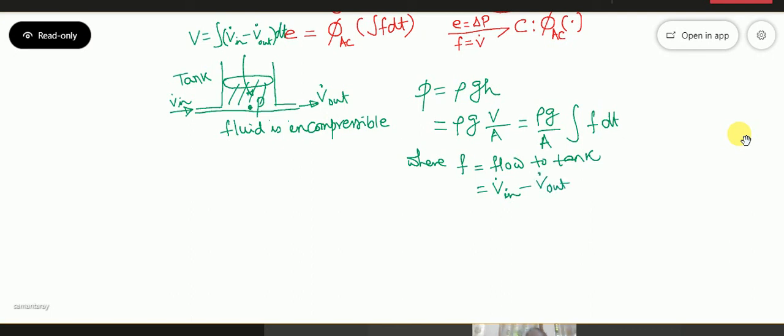So here effort is pressure, the total pressure at the bottom, flow is the total V dot, and you represent this as C, so effort is rho V by A. That's how a tank is modeled.